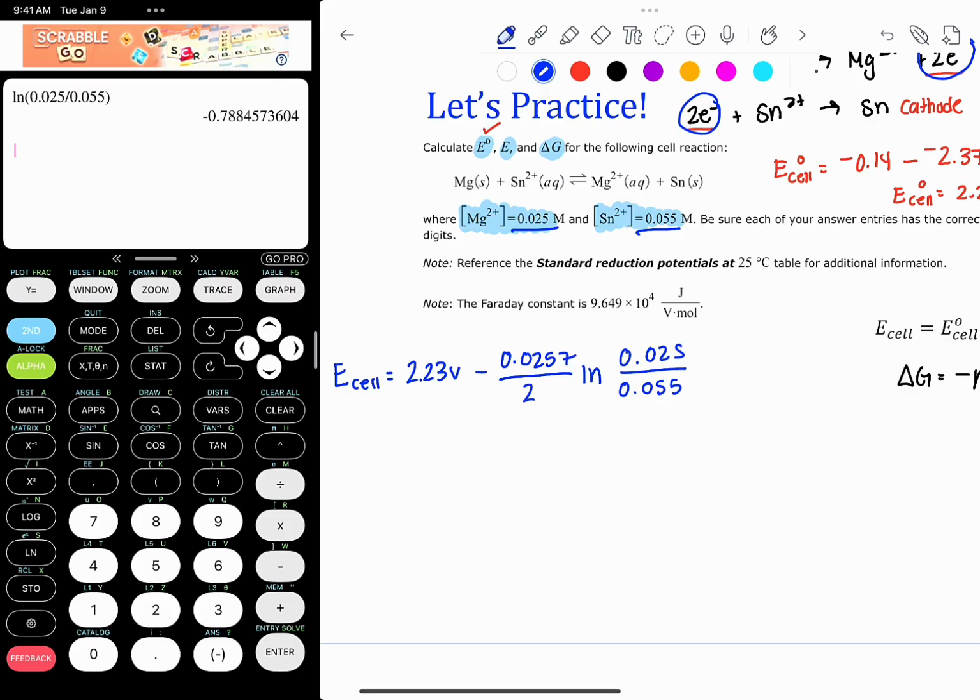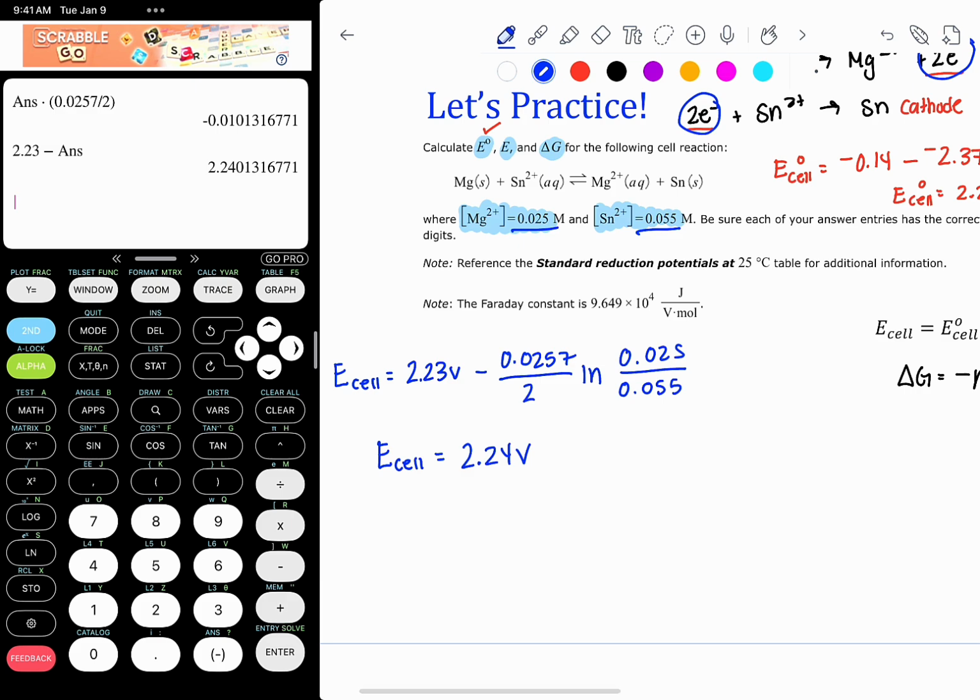Okay, and then we're going to multiply that by 0.0257 divided by 2 in the parentheses. And then we're going to take 2.23 minus that answer. So we get that E cell is equal to 2.24 volts.